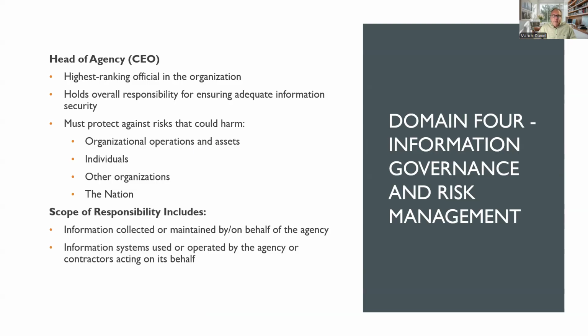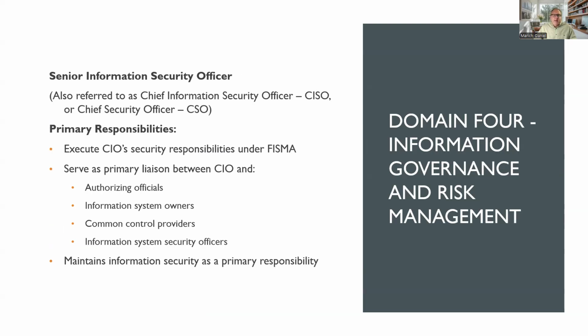All of these need to be considered by the CEO. Then we have our CISO, also known as the Senior Information Security Officer. Be familiar with this particular one, and it gives you an emphasis of what the role is. In government, they must handle FISMA responsibilities, but can also be the primary liaison between other officials in the organization.